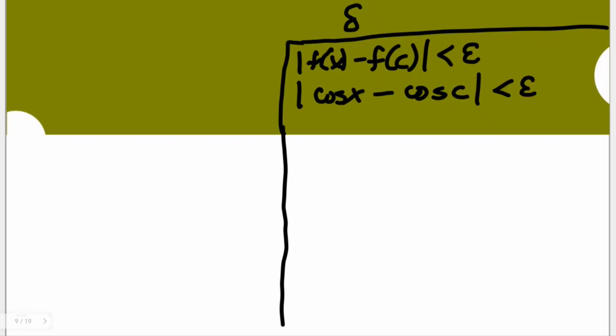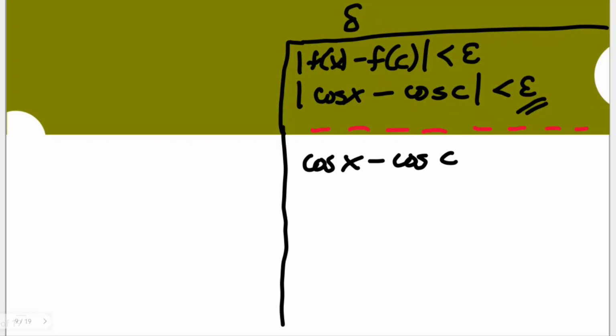Hence, we'll be using trigonometric identities here. Let me separate this here. We're going to return to this later, as well as that formula. But we would like to present an equivalent trigonometric identity for cosine x minus cosine c.